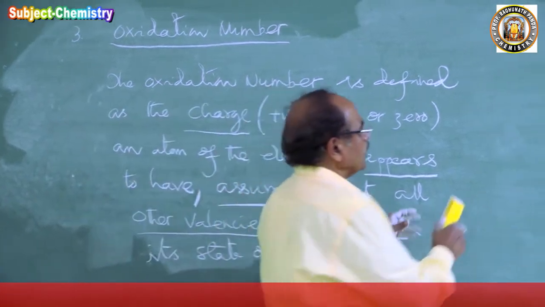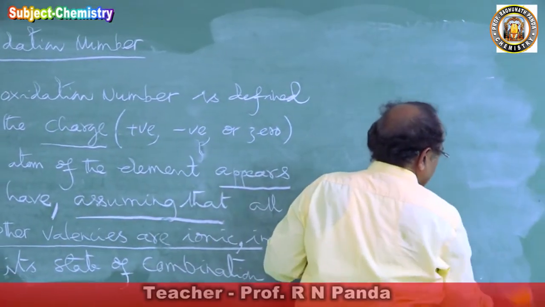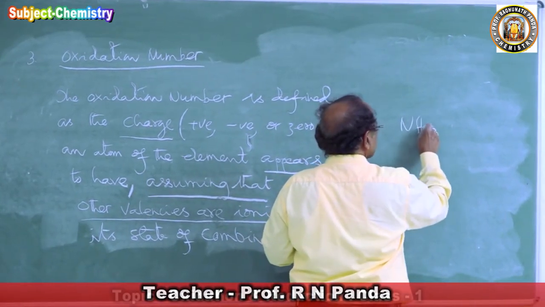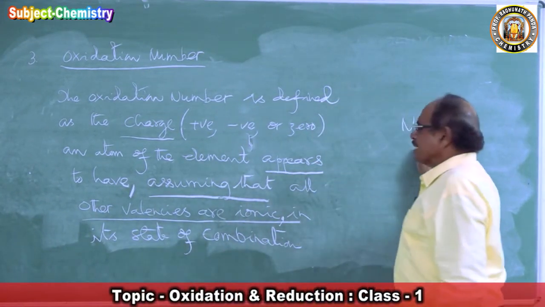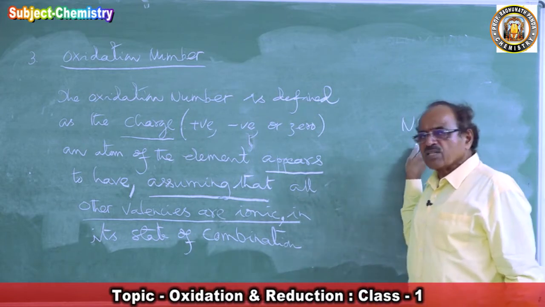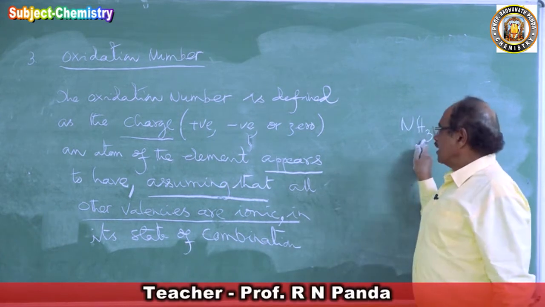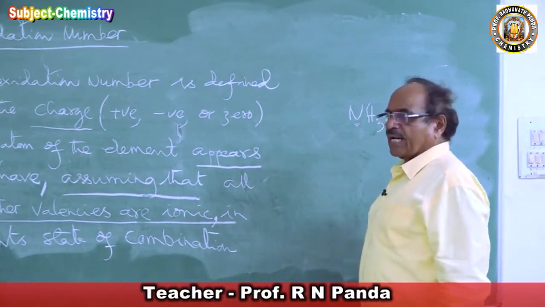Suppose in a compound, let's come to a very simple compound, ammonia. Ammonia is a covalent molecule. It is not ionic. But we want to calculate the oxidation number of nitrogen.